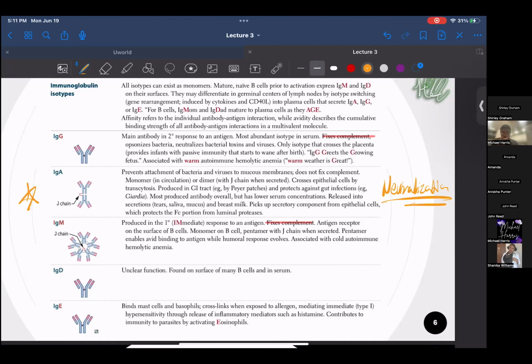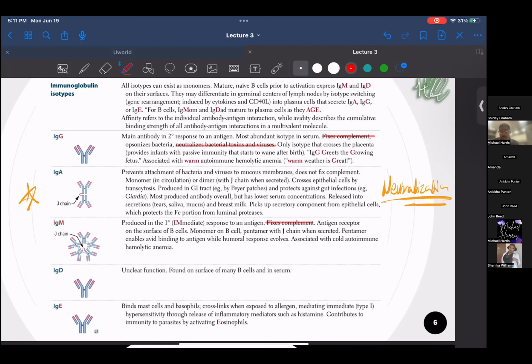Okay, so IgM, IgG. Yeah, so the big one that deals with neutralization is IgG. Now, the reason I'm saying that is because IgG is very high affinity, right? You want something to bind very strongly if you want to neutralize it.